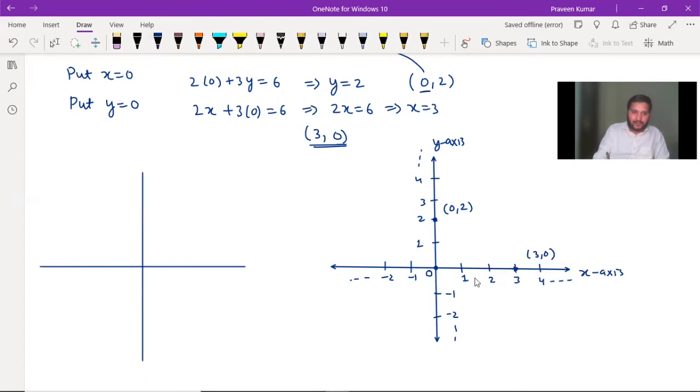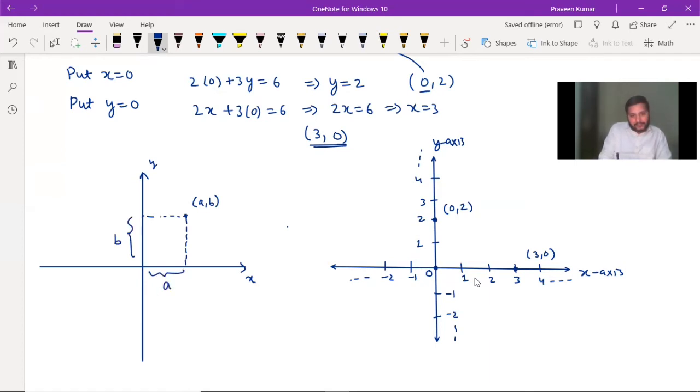So let us suppose we have a general point on the Cartesian plane. This is my x-axis, this is my y-axis. So this point is (a, b). We have moved a units on the x-axis and b units on the y-axis. This particular length is b and this particular length is a.